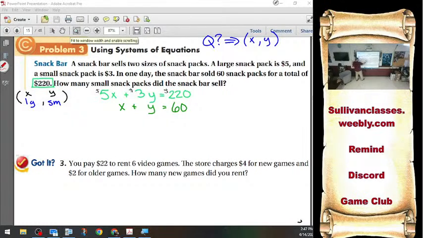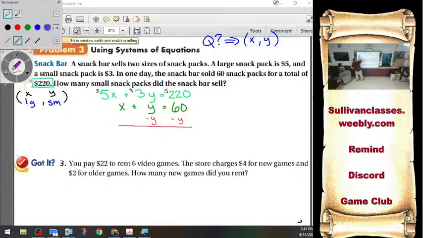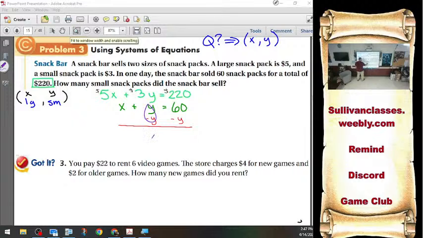So right here, I'll subtract y and get x is 60 minus y. So if I just said x is stuff, I'm going to go replace x with stuff.